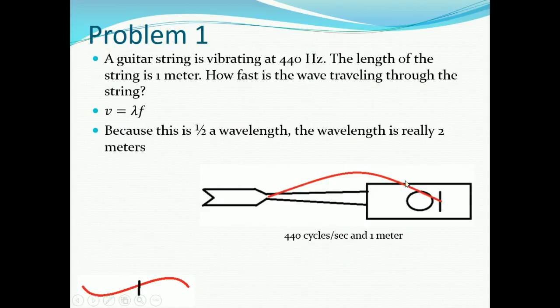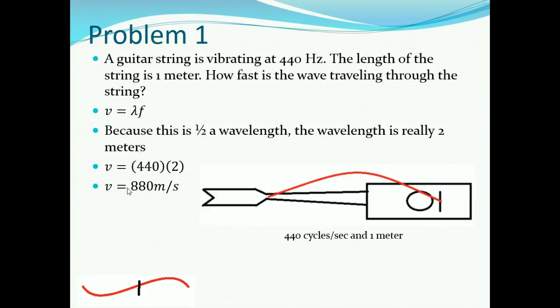So we have to multiply this by 2 to get the whole wavelength, to get this whole S curve. So the whole wavelength is actually 2 meters, and the frequency again is 440. If we multiply those together, we will get our velocity, which is 880 meters per second. So this is the speed of the wave on this guitar.